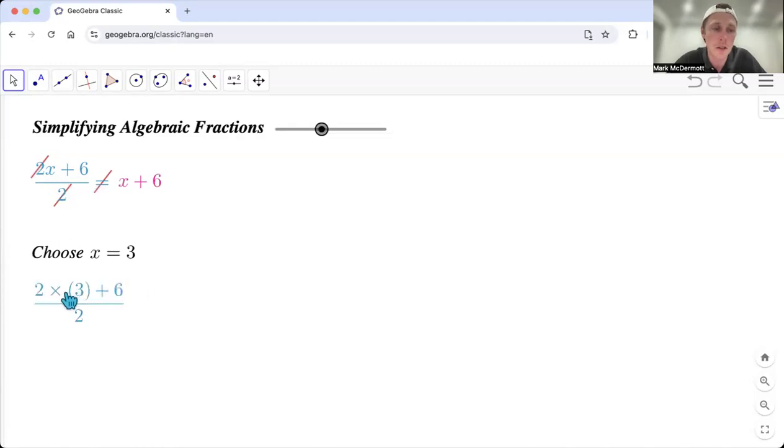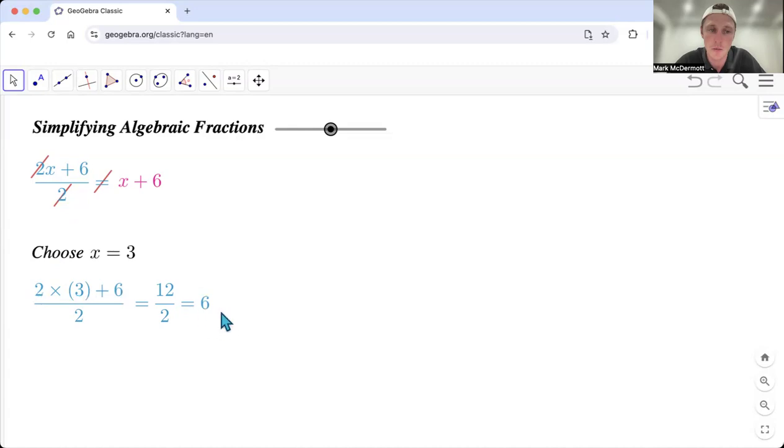So it's going to be 2 multiplied by 3 plus 6, all divided by 2. Okay, we need to work out the numerator first, and then we got to divide it all by 2. So 2 times 3 is 6, plus 6 is 12, divided by 2 is 6. So our answer should be 6.